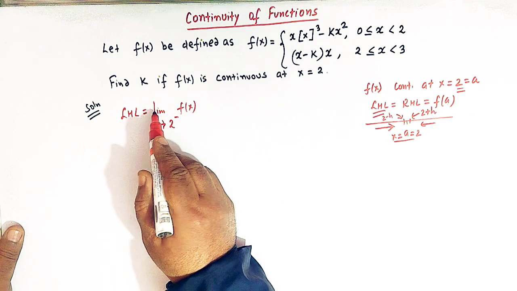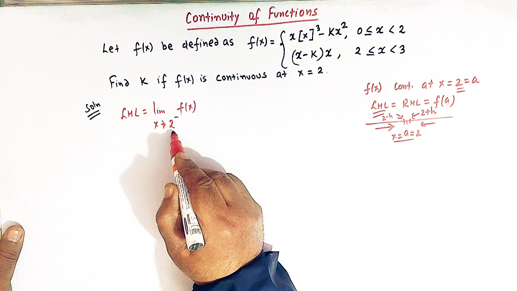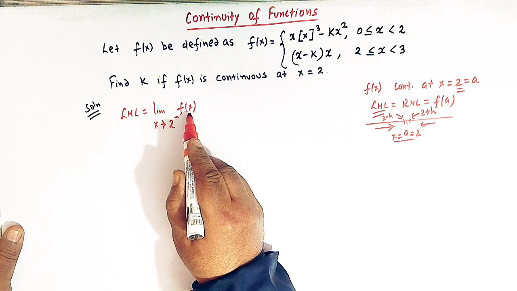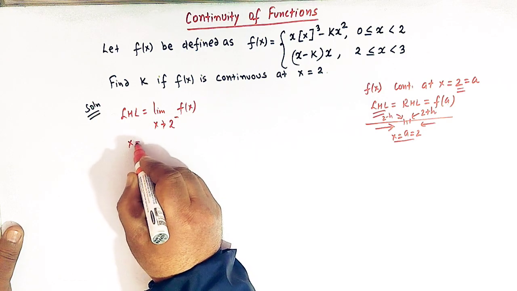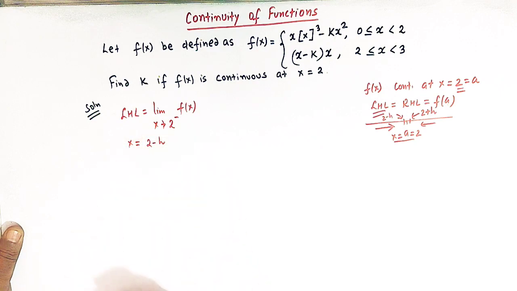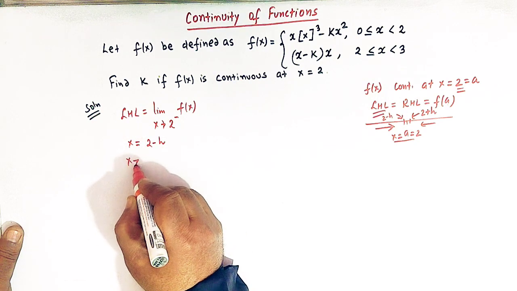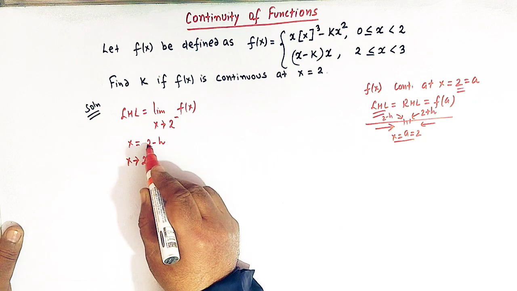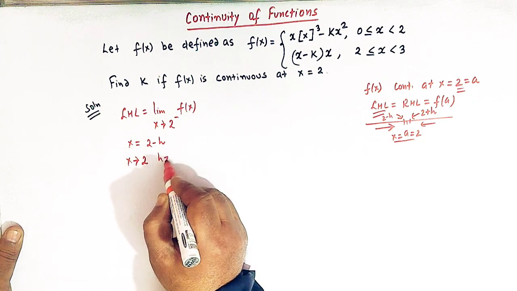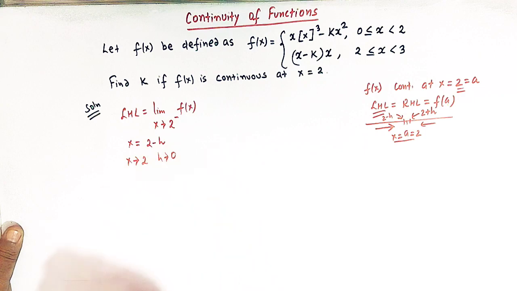So the left hand limit is given by limit x tends to 2 minus of f(x). So we'll take x equals 2 minus h, right? So when x tends to 2, then obviously h tends to 0, right?